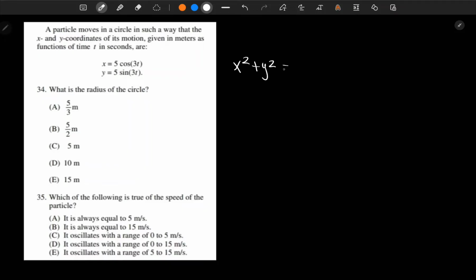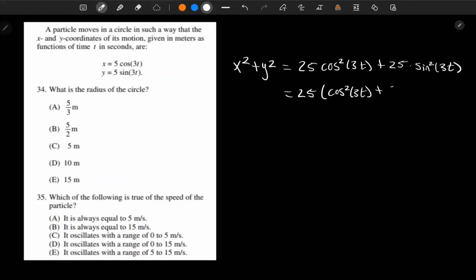Here, using the formulas to the left, x squared plus y squared is 25 cosine squared of 3t plus 25 times the sine squared of 3t. But both of these have a 25, so we have 25 times cosine squared 3t plus sine squared 3t.